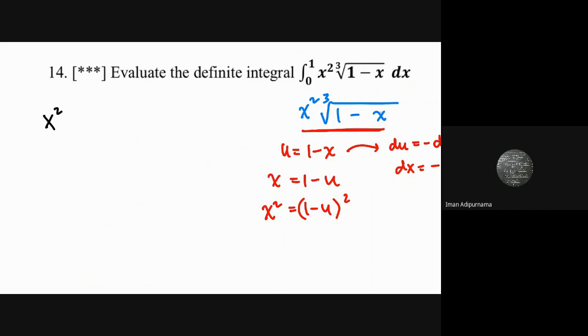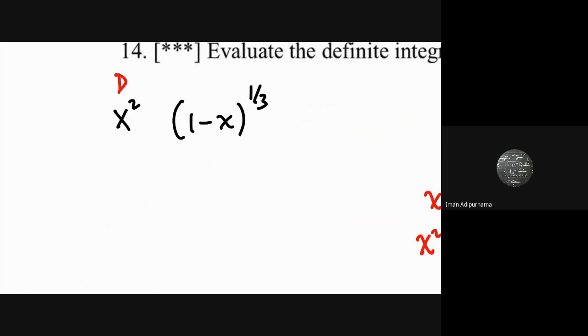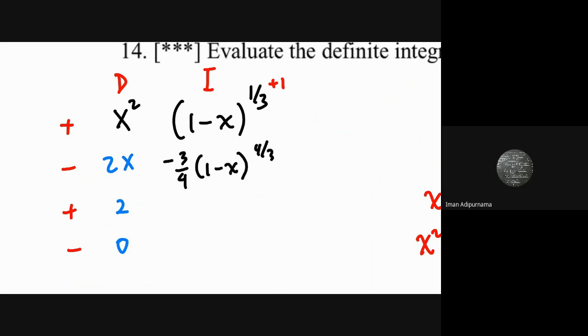So x squared, and we have 1 minus x to the power of 1 over 3. Take this one to differentiate, and this one for integration. So differentiating becomes 2x, becomes 2, becomes 0. And integrate this: plus 1 should be 4 over 3. But we have the negative, so we have negative 3 over 4, 1 minus x to the power of 4 over 3.